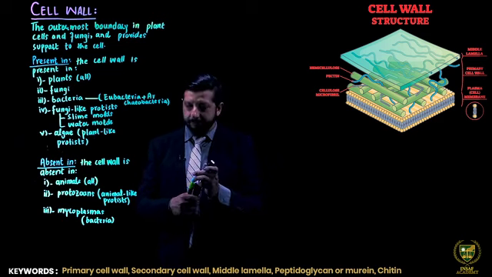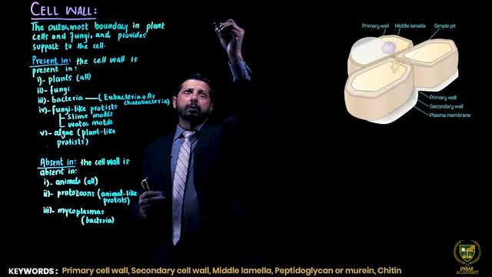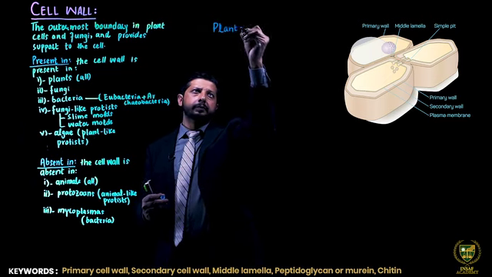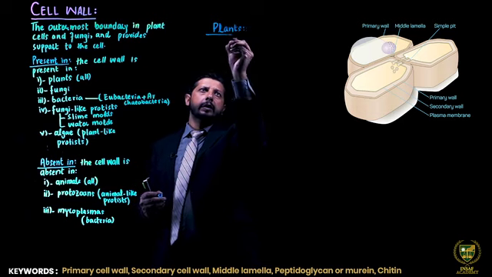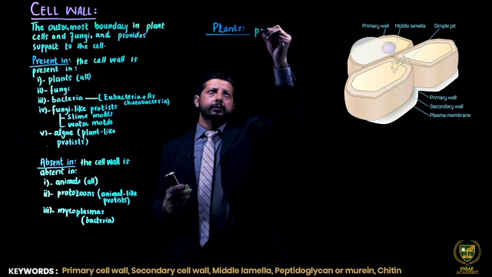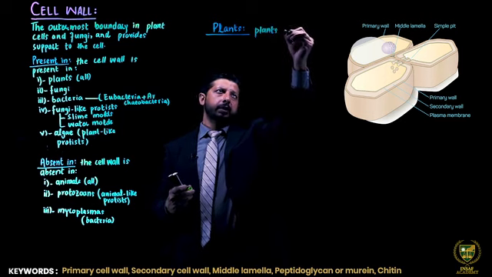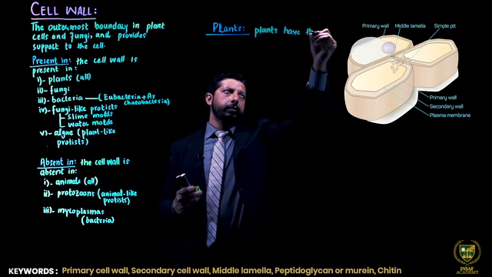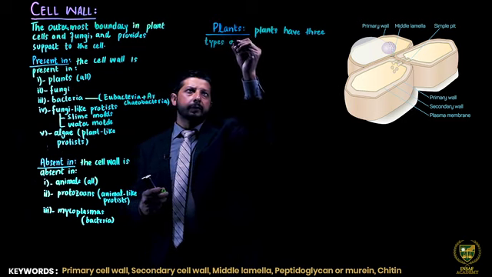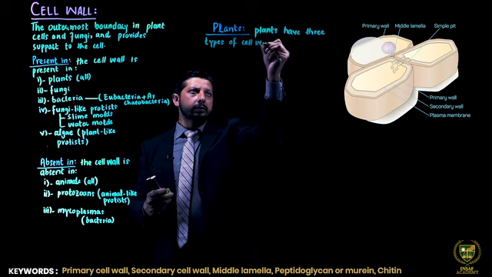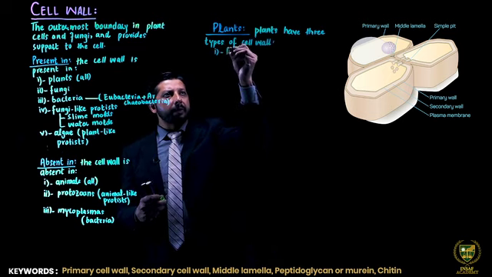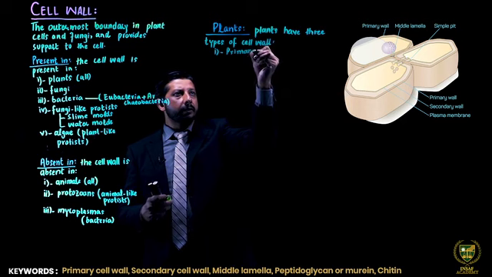Now, number 1, if we talk about the plant cells, in plants, the plants have 3 types of cell walls. Number 1 is the primary cell wall.